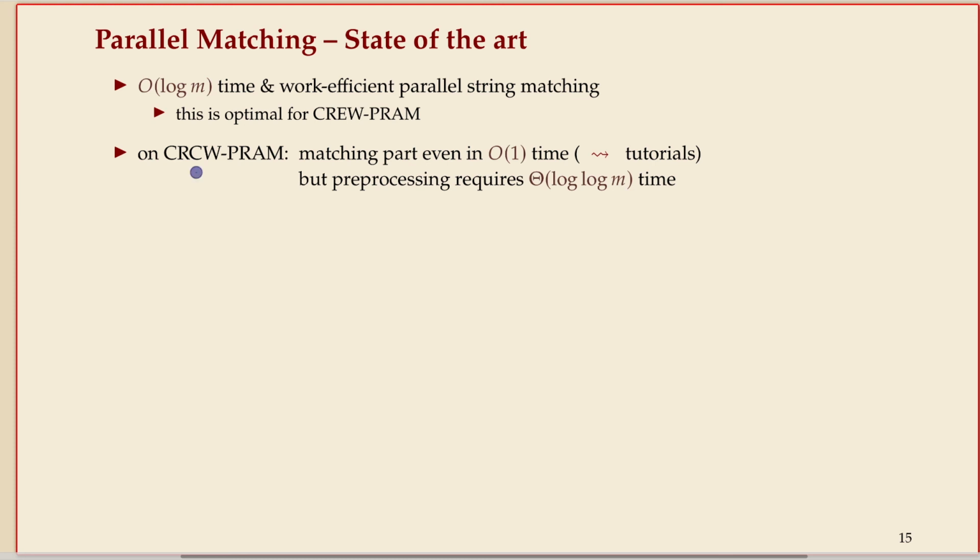If you allow concurrent writes, so again, this latter is the important part, you can do the matching part in constant time. This is not obvious for the duels, but it can be done. And we've shown that the last step can be done in constant time. That's the parallel AND. But it turns out the pre-processing, finding the witnesses, cannot be done in constant time. You still need this log m time for computing the witnesses, and you can't really improve upon this.